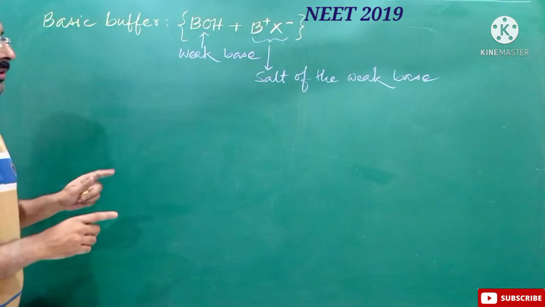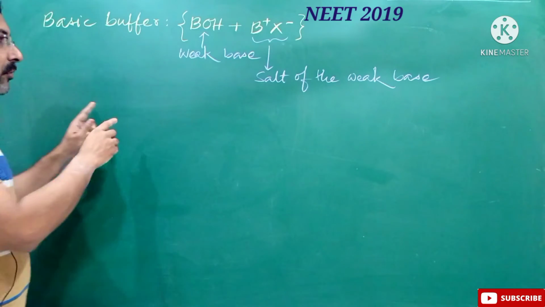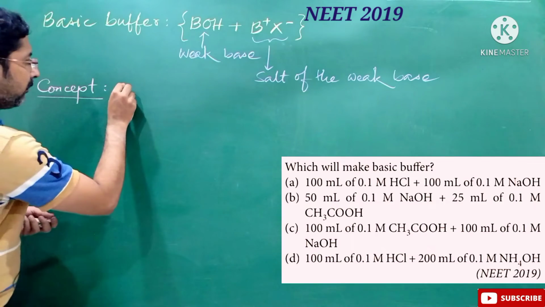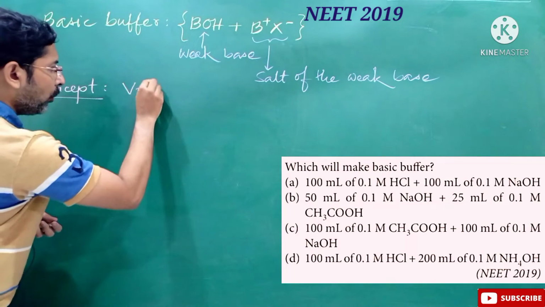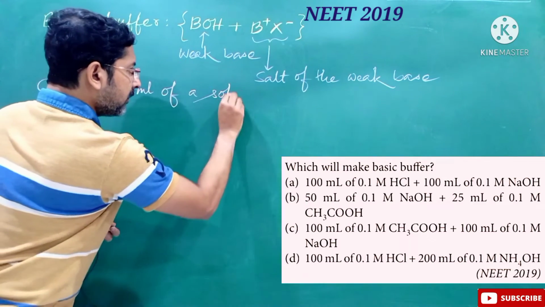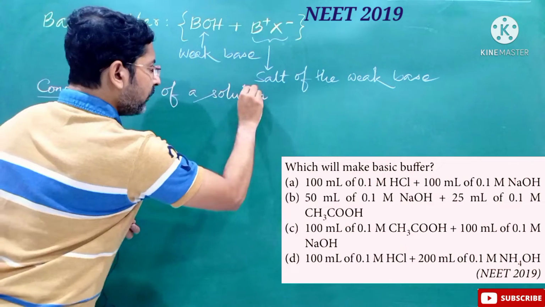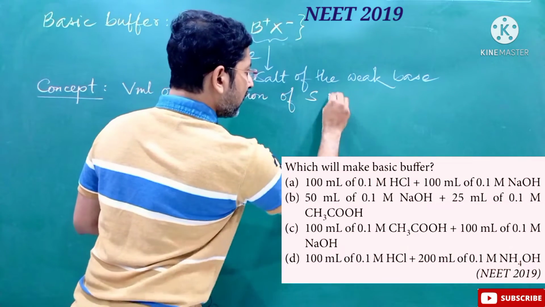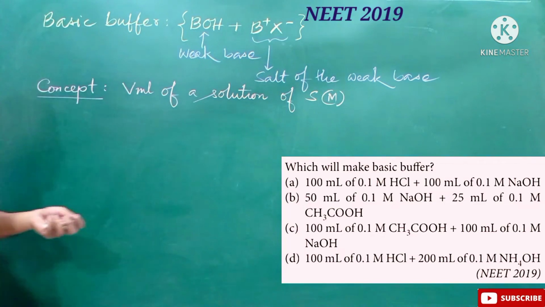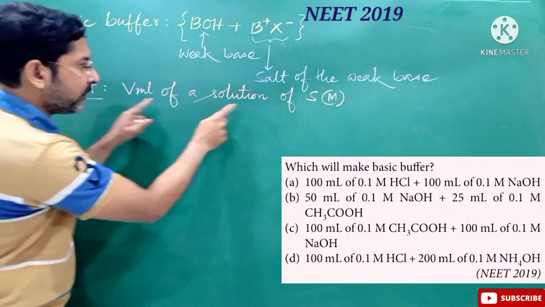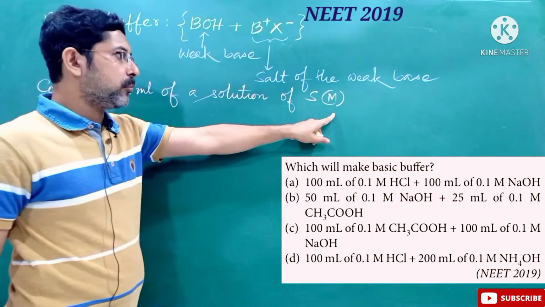Now, another key concept which will be required to solve this problem is V mL of a solution of concentration, say S molar, right? So what is the amount of substance present in V mL of a solution of concentration S molar?